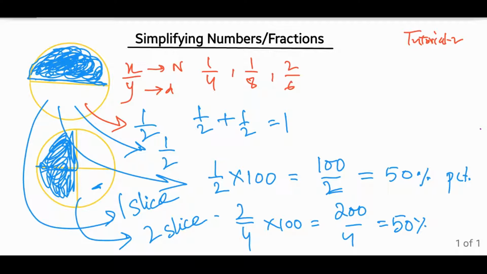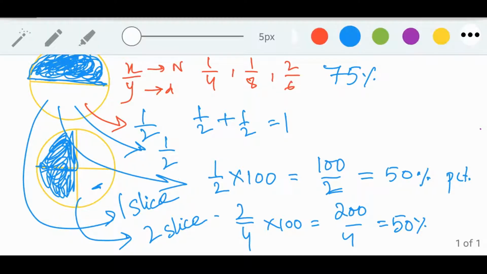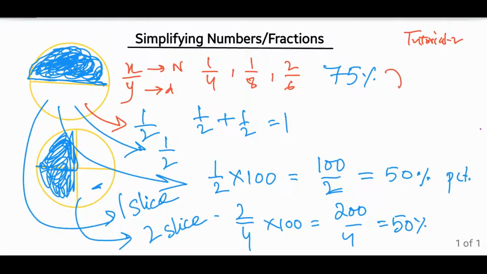Now let me say how to convert a percentage back into a fraction, the reverse process. This time I have been given a percentage. Suppose I have been given 75%. How do I convert this 75% back to a fraction? What do you think? This is very simple.